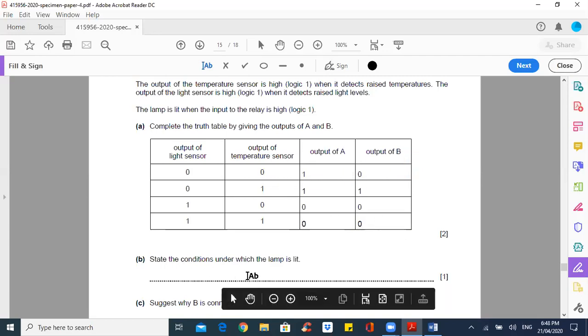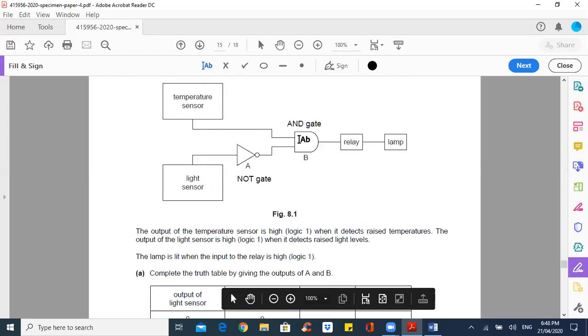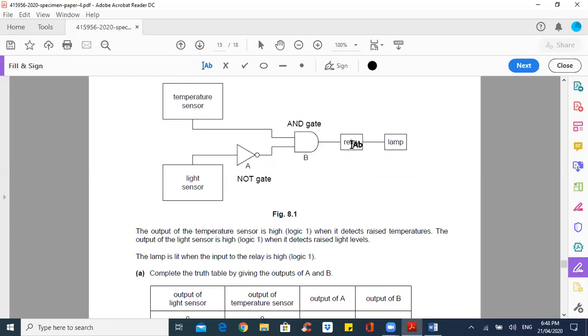State the conditions under which the lamp is lit. Your lamp will light when the relay gets an output of 1.